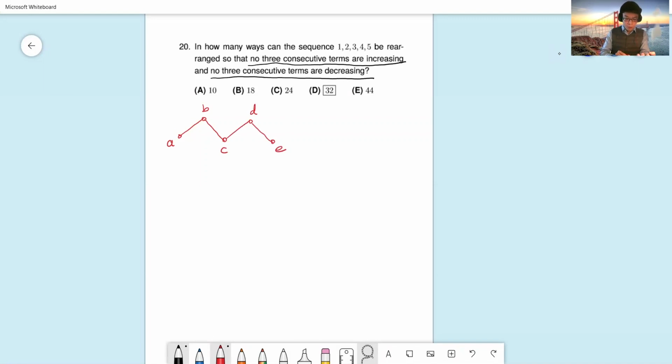Or we start from A and B is smaller than A. In this case, we should have C larger than B, D smaller than C, and E larger than D. We have these 2 kinds of shape and these 2 are symmetric.